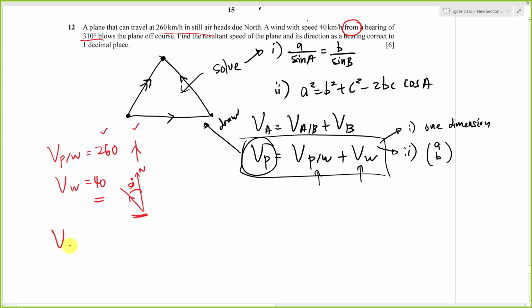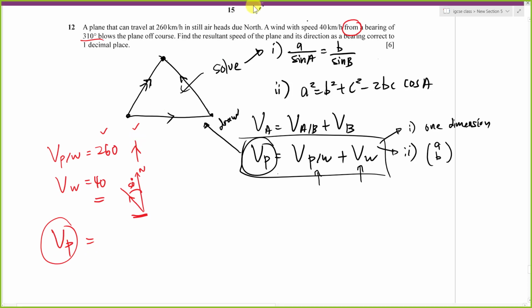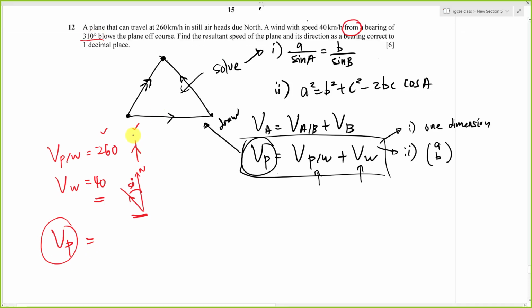Now for me to draw the last one, the resultant vector. Find the resultant speed of the plane and its direction as a bearing, correct to one decimal place. Since I know the velocity of the plane is my resultant vector, I need to connect these two lines. One line is facing like this, the other line is facing like this. I need to form the triangle using these two lines to get my resultant vector.